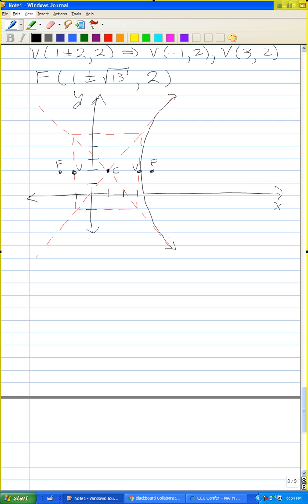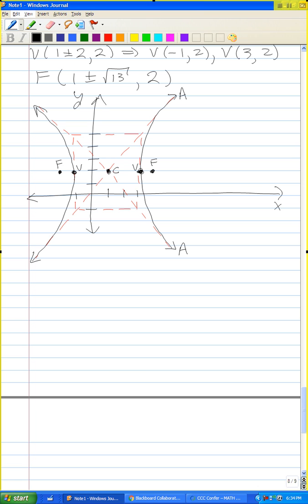It is veering off as I draw it. Well, okay, so good enough. The pen is not being very nice today. So those are my hyperbolas. Here are my two asymptotes, the center, vertices, and foci.